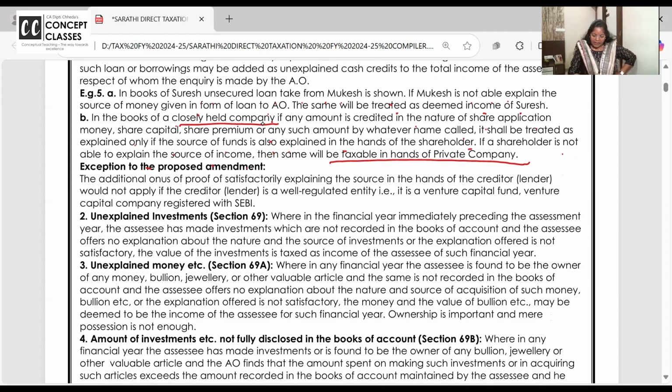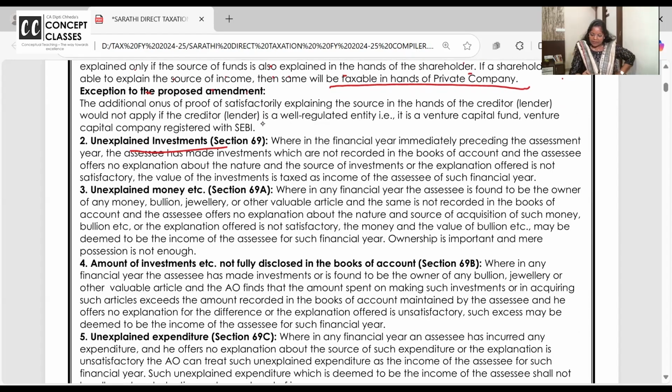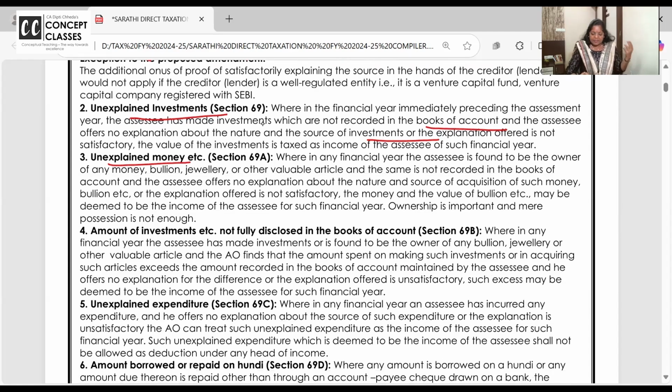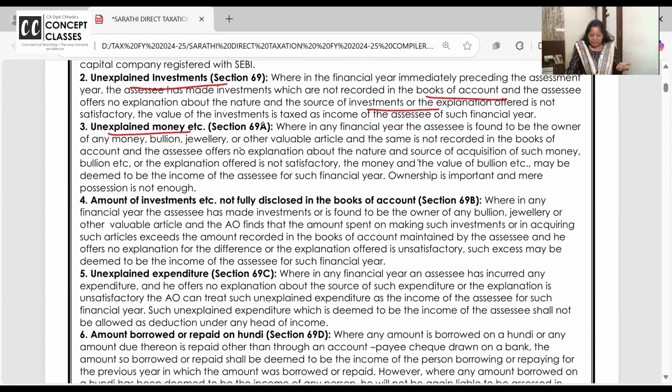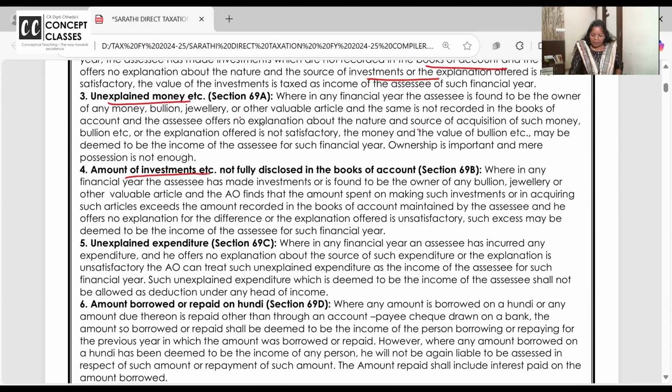Next, unexplained investment. If you have invested somewhere and you don't know the source, where the money came from to invest. Unexplained money. Bullion, jewelry, all, right? If it is recovered from your home, or the amount of investment is not fully disclosed in the books.